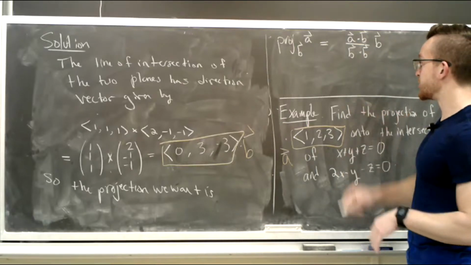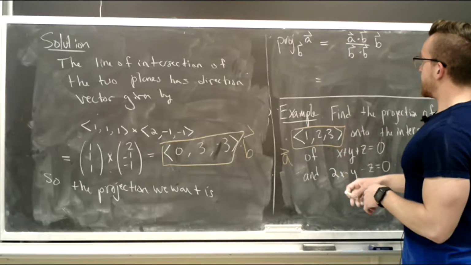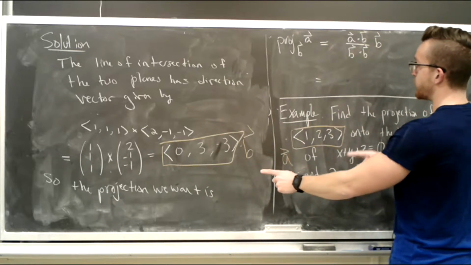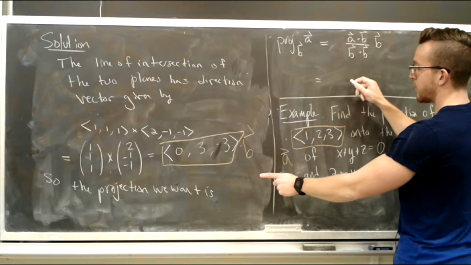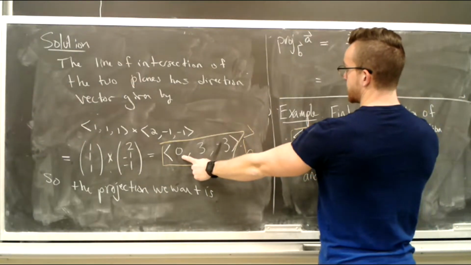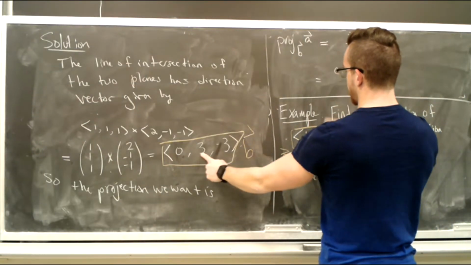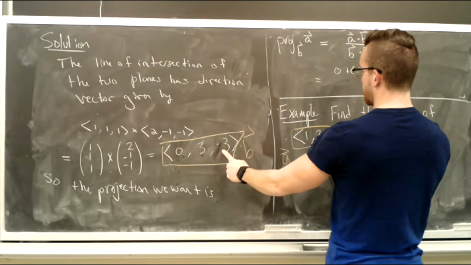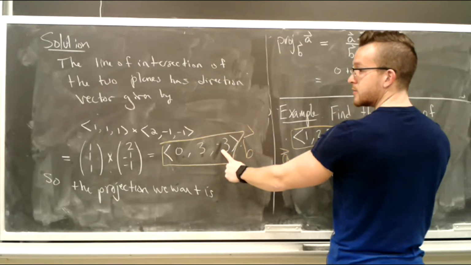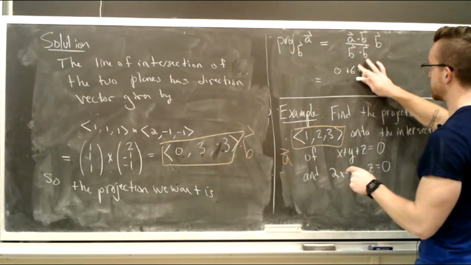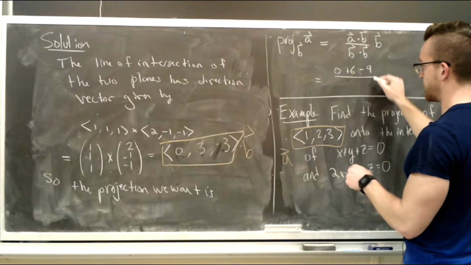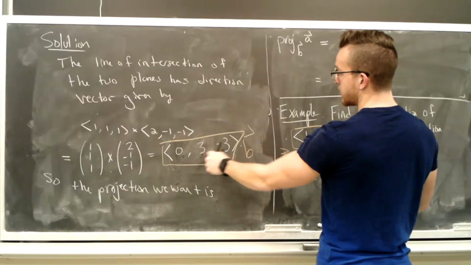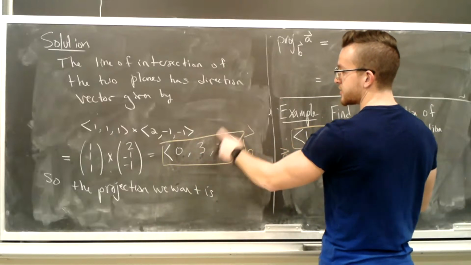So we just have to compute this now. All right, so maybe I'll just do this in one fell swoop. A dot B on top is going to be 0 plus 6 minus 9. In the denominator, B dot B is going to be 9 plus 9.